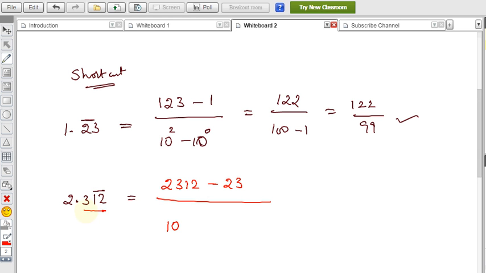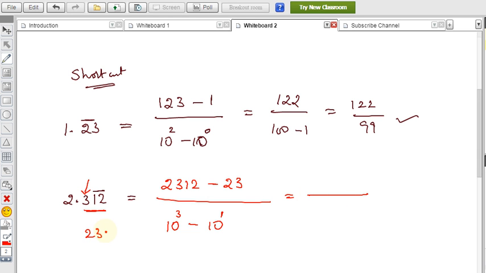After the point, the number of digits is 3, minus 10 to the power, again, number of digits after the point which are non-repeated. Non-repeated is only 1. So 2312 minus 23 by 10 power 3 minus 10 power 1.